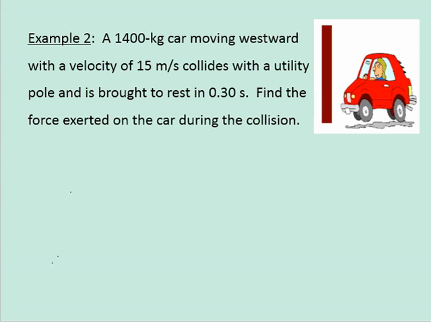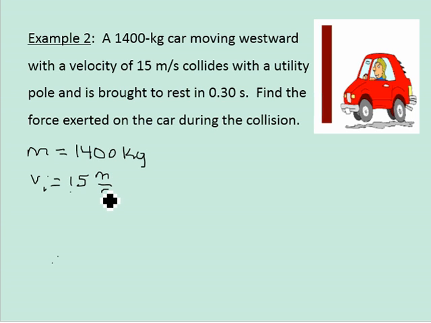All right, so let's look at what we know. The mass of the car is equal to 1,400 kilograms. The initial velocity of the car is 15 meters per second.